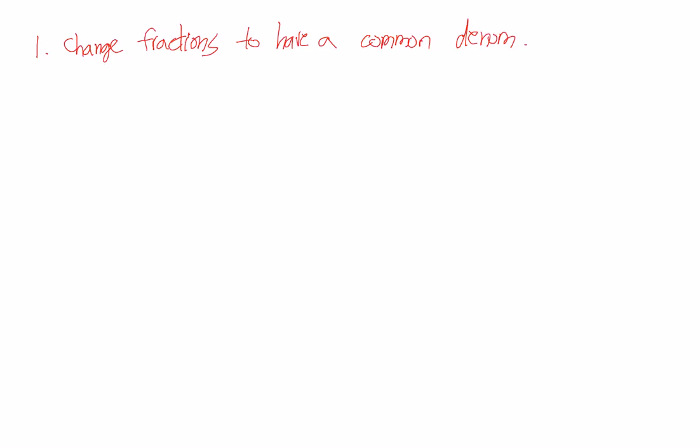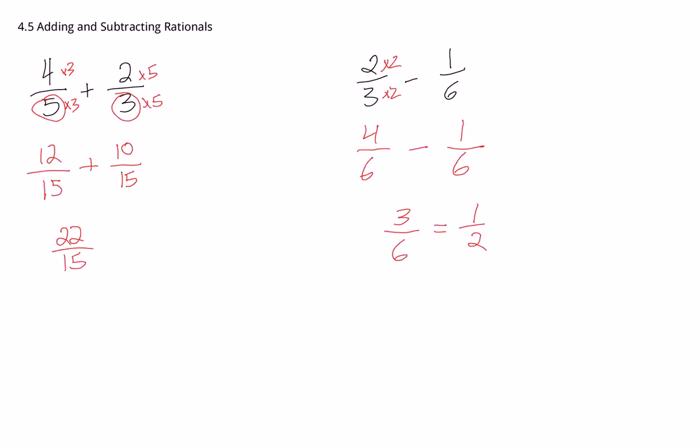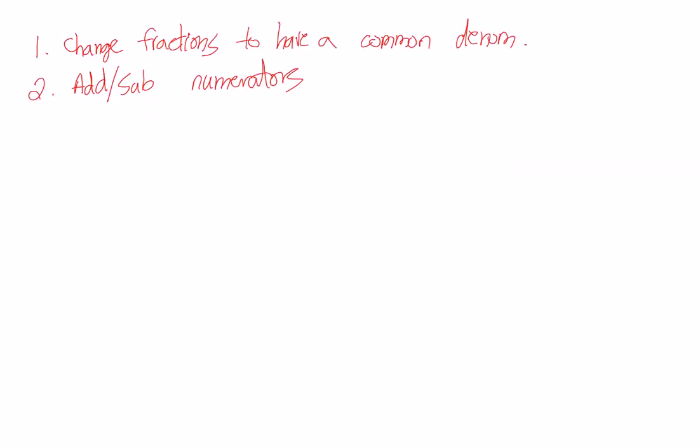And then the second step will be just like we did with regular numbers. We'll add or subtract, whatever the case is, the numerators. Because that's what we just did on the last one, right? We changed the fractions, then we added the tops or subtracted the tops, whichever the case was. And then in the last example, we simplified, right? After we got 3/6, we could simplify that further. So we'll do the same thing.